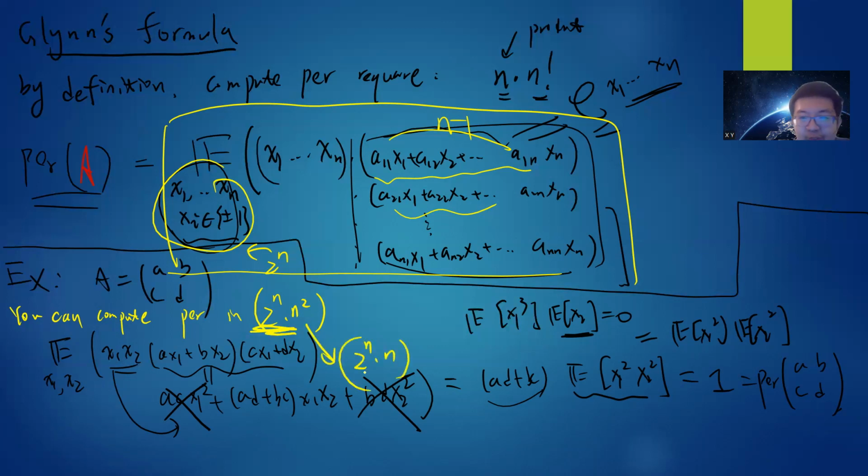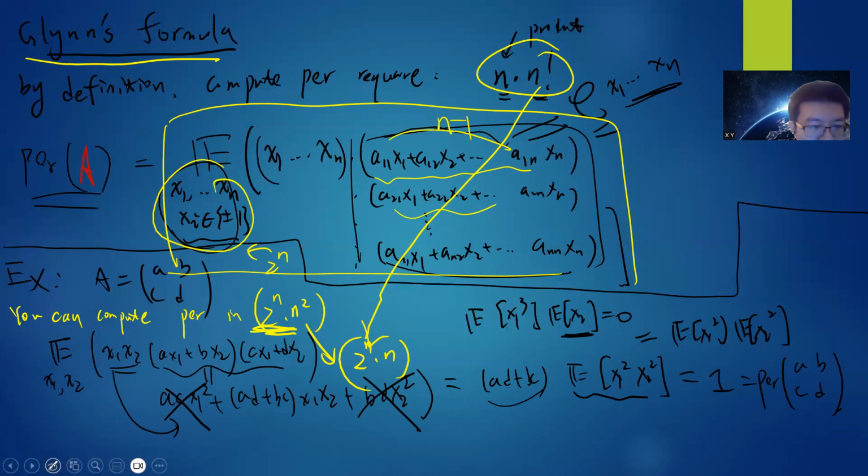So basically, I think this is the fastest way to compute the permanent. From n factorial terms it boils down to 2 to the n times n. Okay, so this is the Glynn formula.